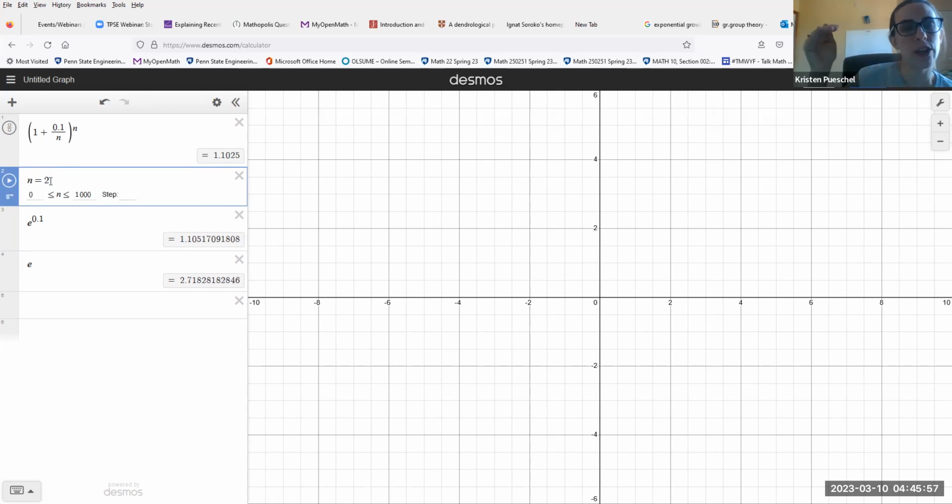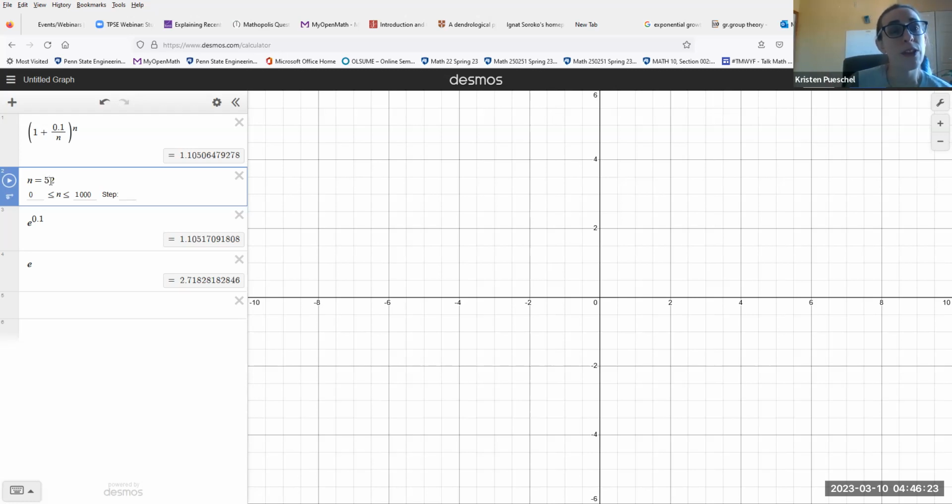So that interest that we got out was going up. If we let it be equal to 52, that was the last example that we looked at, we get this base of 1.105, which means that we're making 10.5% per year. Because we're making interest on our interest, this is going up.